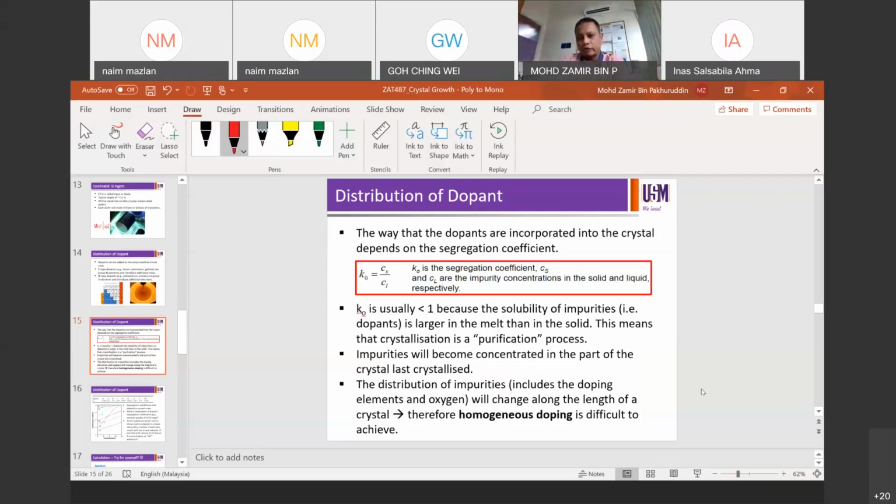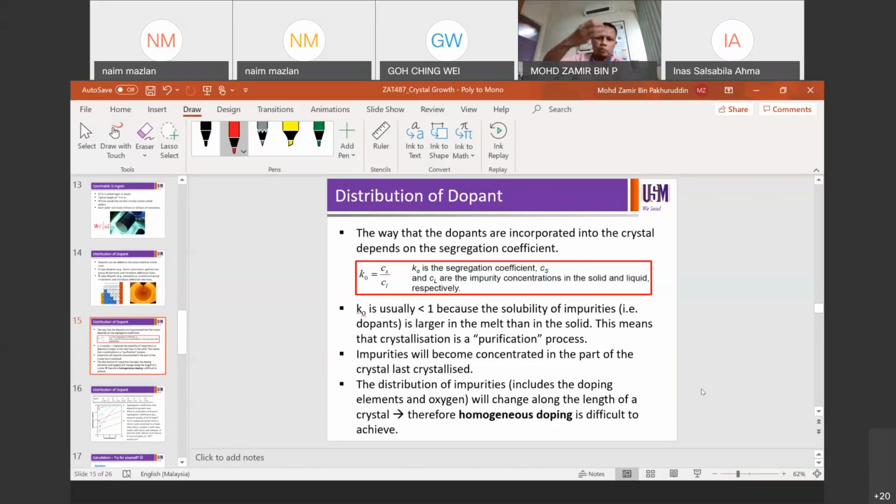That will give you perhaps 0.8, 0.7. This also means that crystallization is a purification process. You're going to end up with the highest, somewhere around 80%, of the concentration in the ingot. Impurities will become concentrated in the part of the crystal last crystallized.